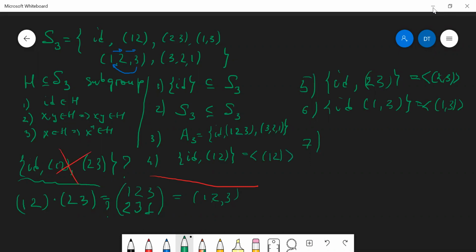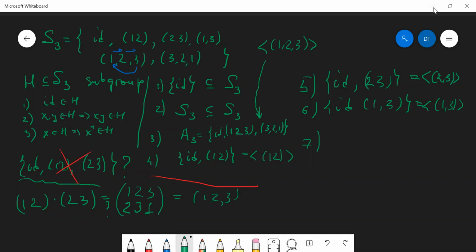And actually A3, let me write it here, is the cyclic subgroup generated by the cycle (1, 2, 3). So examples 3, 4, 5, and 6 are examples of cyclic subgroups. If you want to produce an example of a subgroup, the first thing you should do is consider all possible elements and generate the cyclic subgroups for these elements.